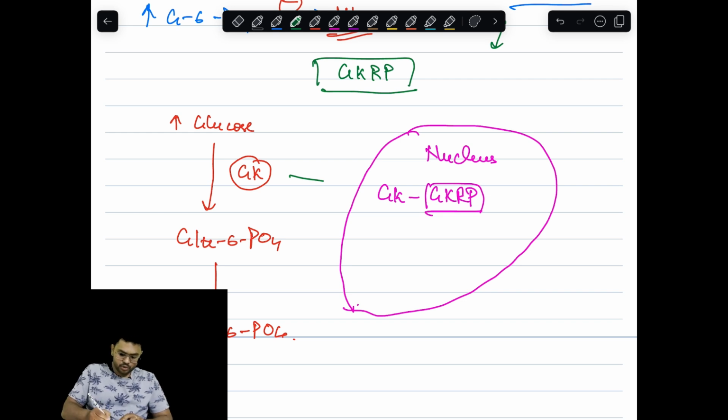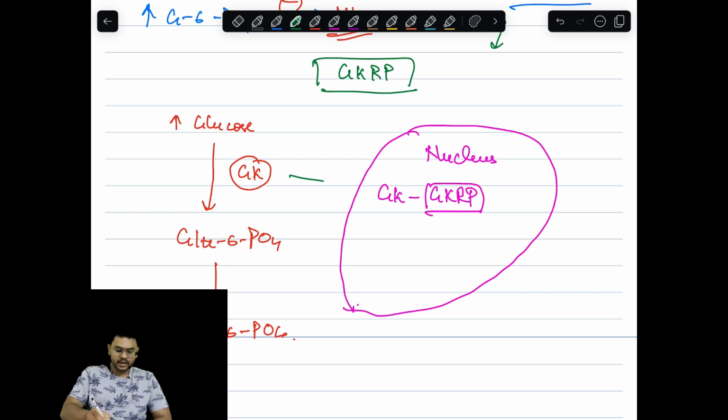When you have a sufficient amount of fructose 6 phosphate, what does it do? It stimulates the formation of this glucokinase and glucokinase regulatory protein complex. So it becomes inactive, and now it enters the nucleus and stays there. So now you can see a kind of regulation here.